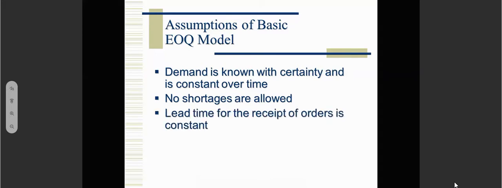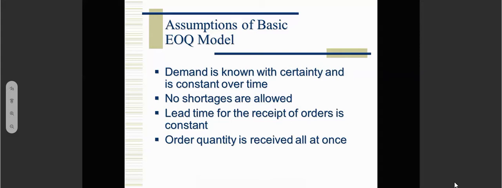And the next basic assumption is that under the Economic Order Quantity model, no shortages are allowed. And the lead time for the receipt of the order is constant and known.